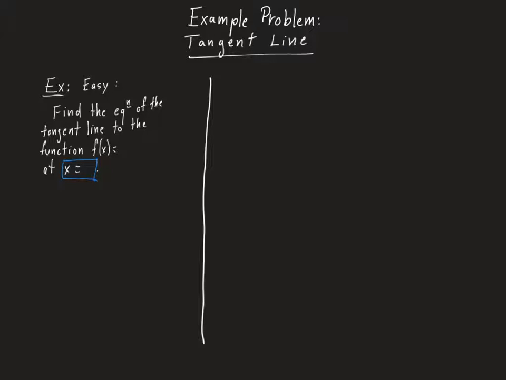So on the homework set for this week, I gave you guys some functions that require you to use the product rule, or rather the quotient rule. So let's do one of them like this.